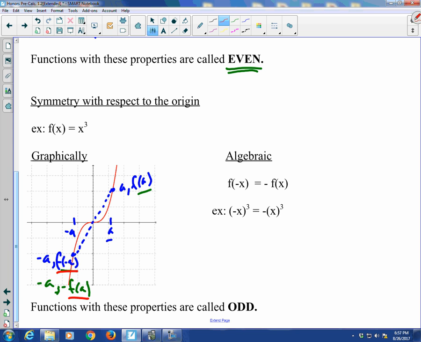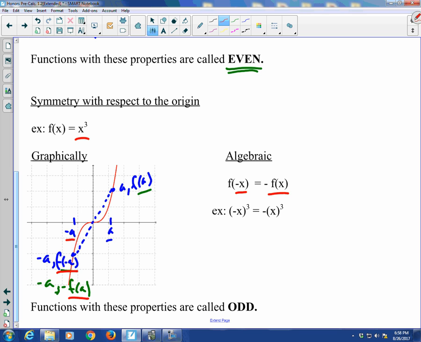If we're symmetric with respect to the origin, then plugging in that negative x value is going to make the function negative. The example we're seeing here for our odd function is the cube. When I plug a negative x into the cube, I get the negative of the cube.